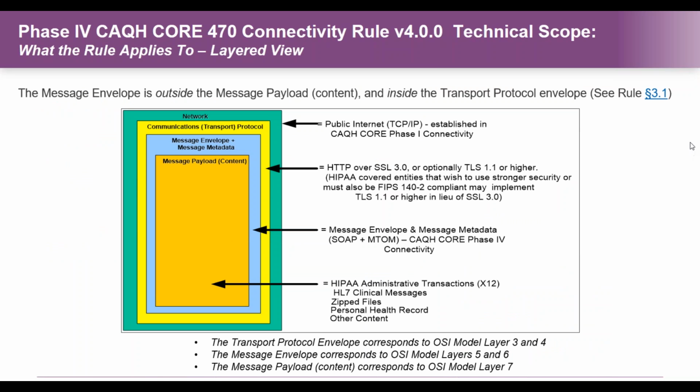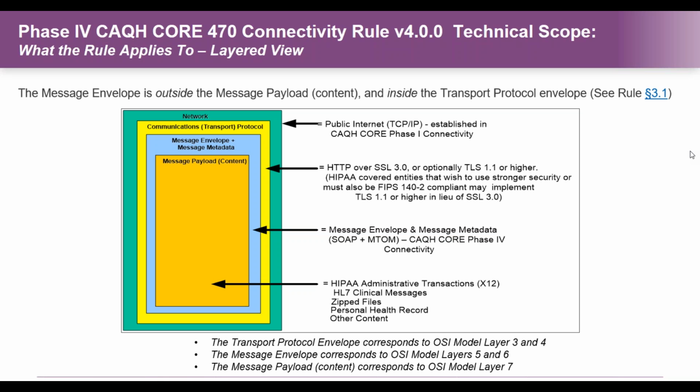So this is another view of the same information in a sort of a layered or a cross-section view. Shown at the middle is the message payload or content. Typically that would be an X12 in the case of an administrative transaction, but that could also be some other format file because the connectivity rule is designed to be payload agnostic.